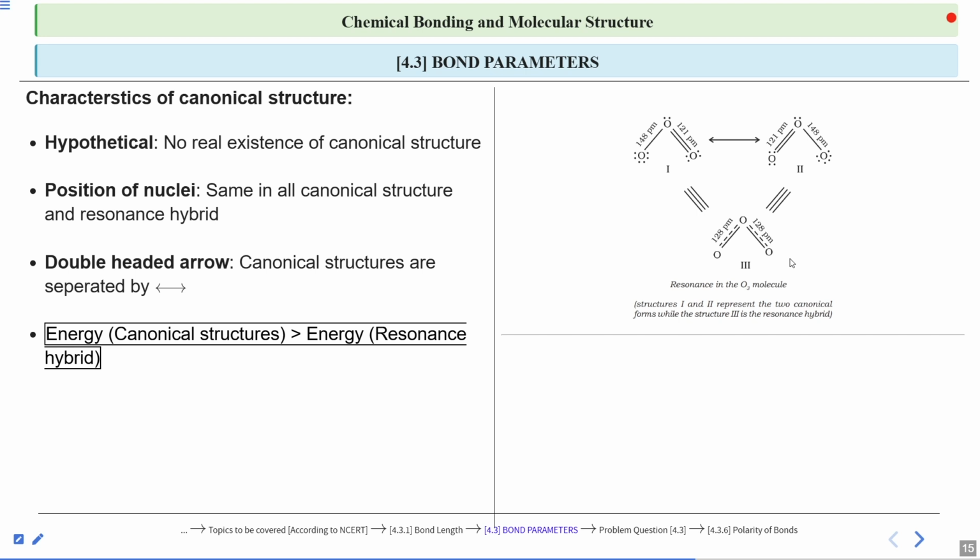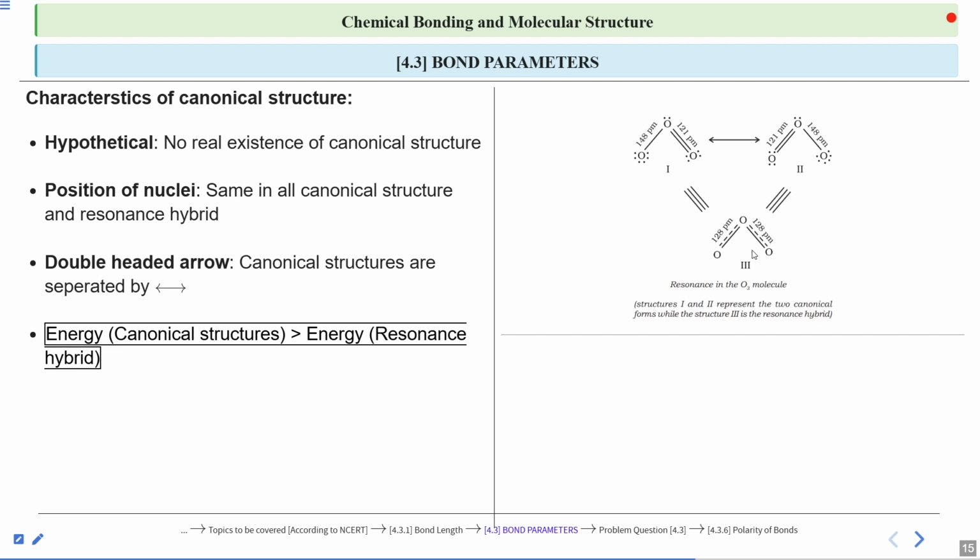If I ask you which one is having the highest energy out of these 3 structures, what would be your answer? Out of 1, 2 and 3, which will have the highest energy? We've already seen the energy relation between the canonical and the resonance hybrid. So I'm talking about the lowest energy. Which one will have the lowest energy?